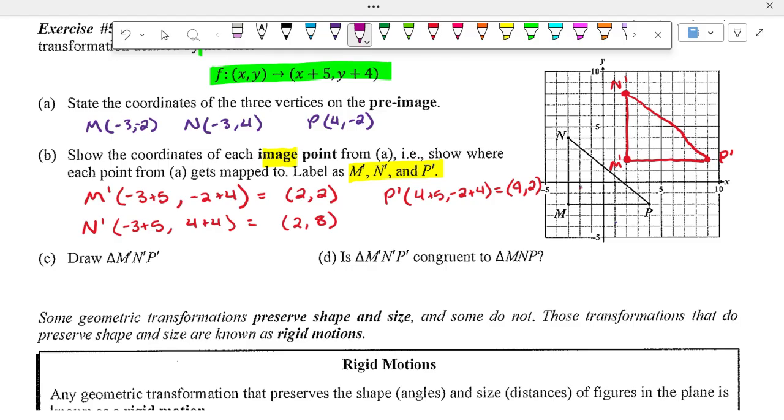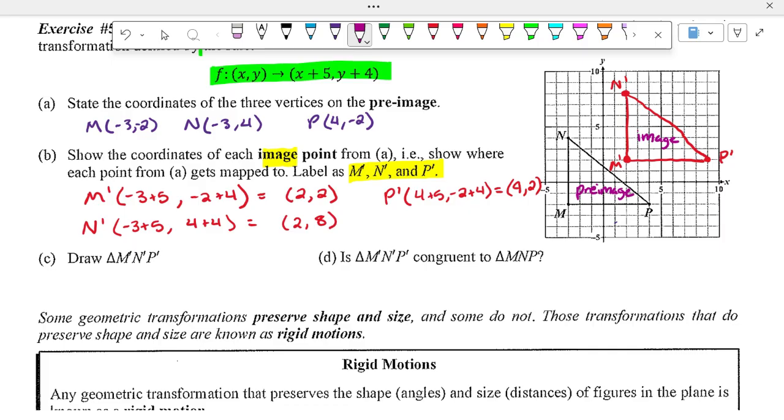So our original figure we call the pre-image. Our new figure we call the image. Make sure you know that vocabulary. Now, here's my next question.